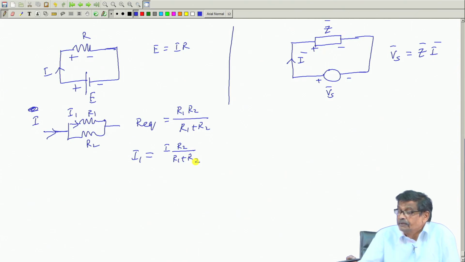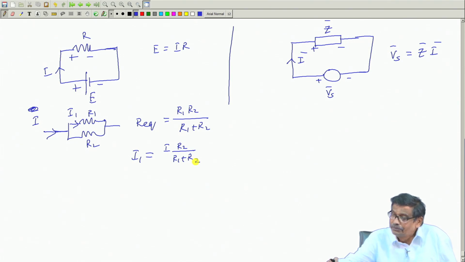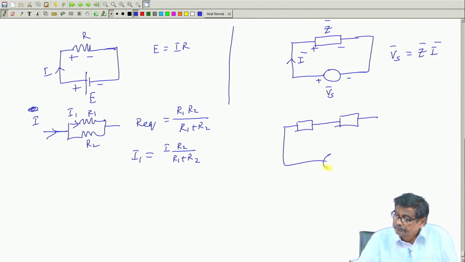Similarly, here the only thing is, these are not real numbers, you have to deal with complex numbers, but nonetheless Vs equal to Z bar into I bar means that if two impedances are connected in series, this is Z1 bar, this is Z2 bar, this is Vs bar.